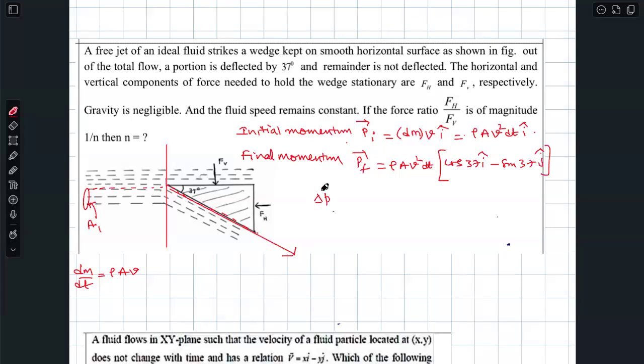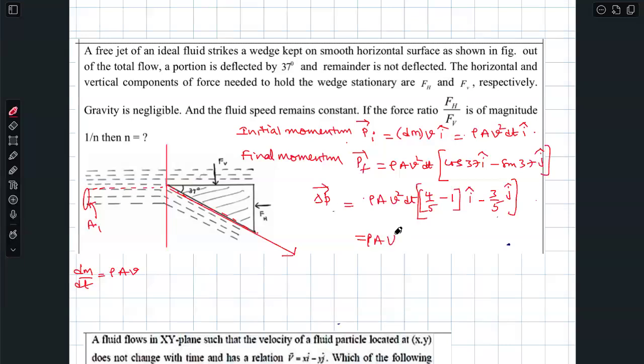What is the change in momentum? P final minus P initial. Rho A V square dt times cos 37, which means 4 by 5, minus 1, i cap, minus 3 by 5 j cap.